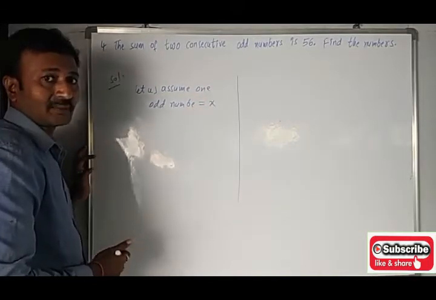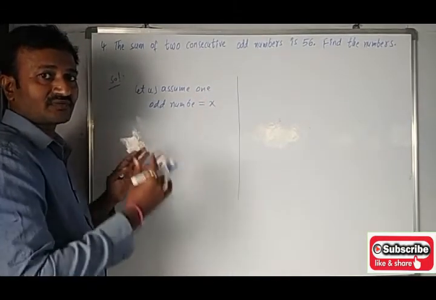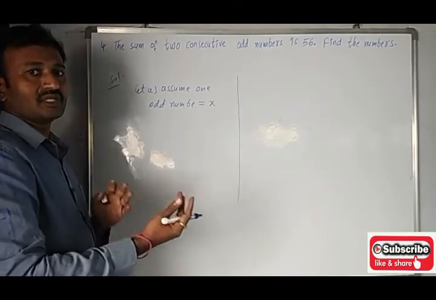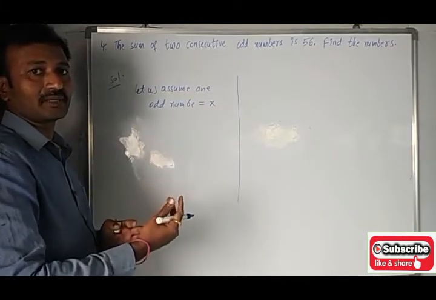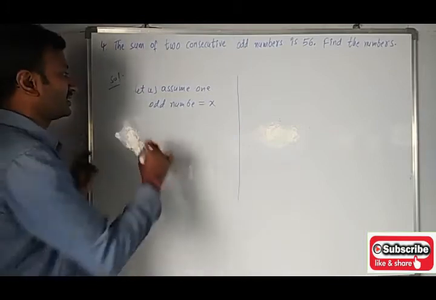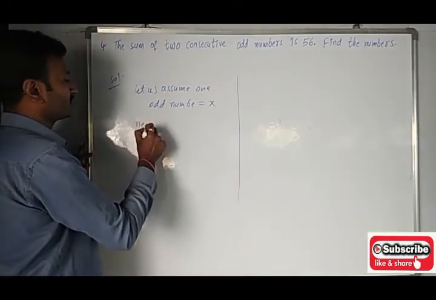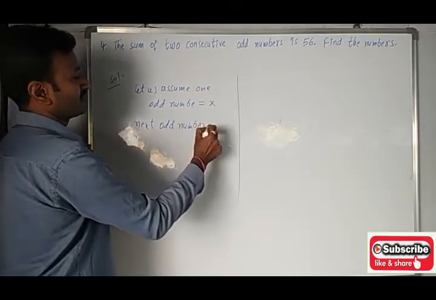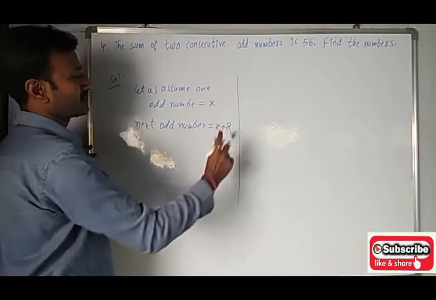What will the next odd number be? Your first odd number is 1. What is the next odd number? 3. Means what did we add to get 3? 2 added. Like that. The next odd number is equal to x plus 2.